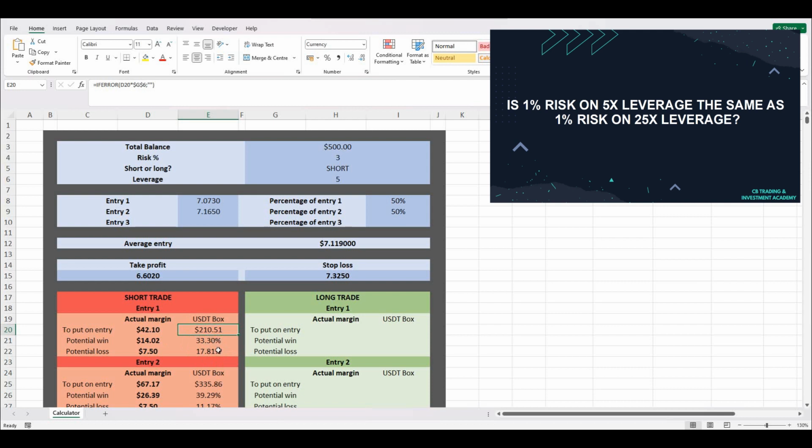The percentages change, but the potential win or loss in dollars doesn't change. So that's something to keep in mind.